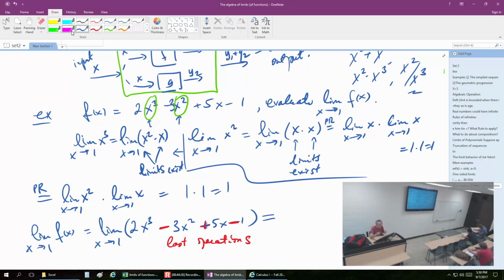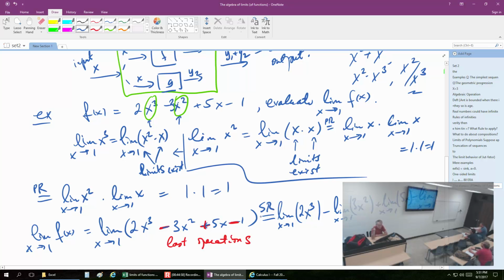That way you know where you're heading. So you have a limit of 2x cubed, and then a limit of 3x squared, a limit of 5x, and a limit of 1. That is the sum rule. The last operation is addition and subtraction, so I could use the sum rule and difference rule, and then instead of having one big limit, I have 4 smaller limits.